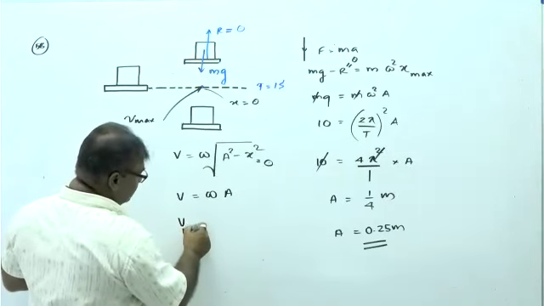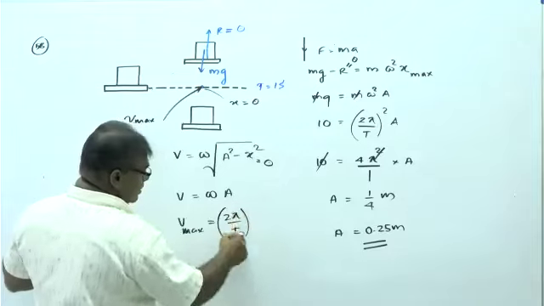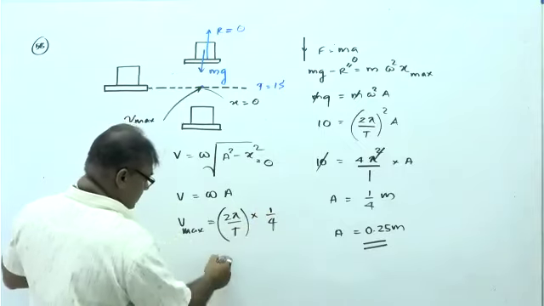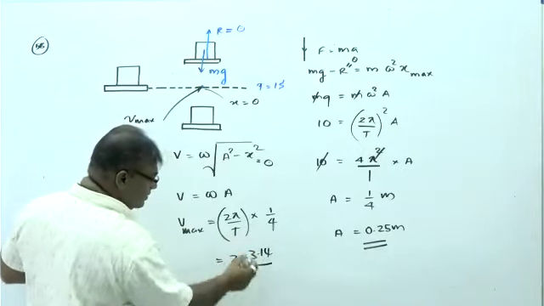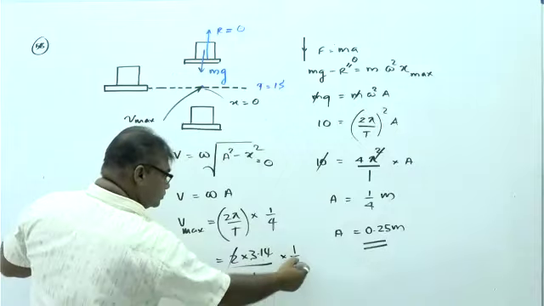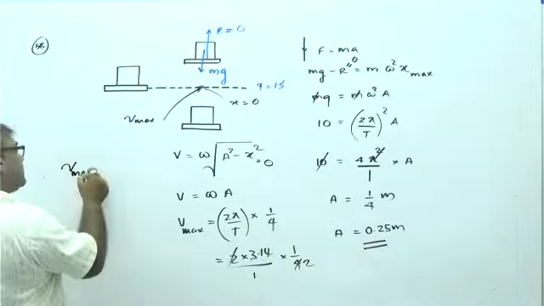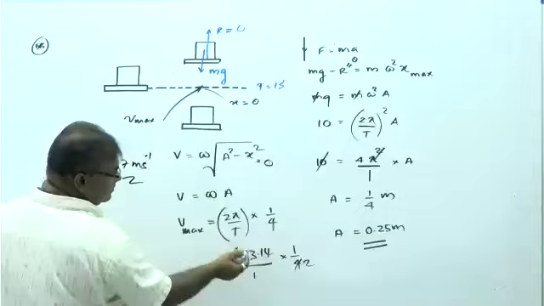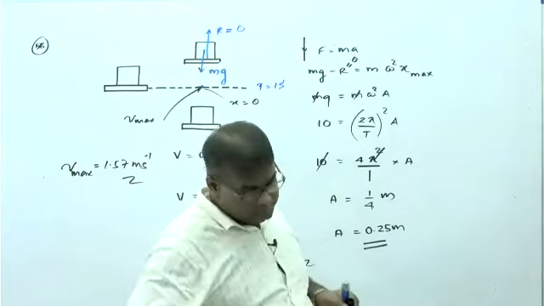Then Vmax is omega, 2 pi over T, into amplitude. We got 1/4. It's 2 pi, 3.14, divided by T which is 1 second, times 1/4, no? It's about Vmax is 1.57 m s^-1, which comes from 3.14 divided by 2. Okay, done.